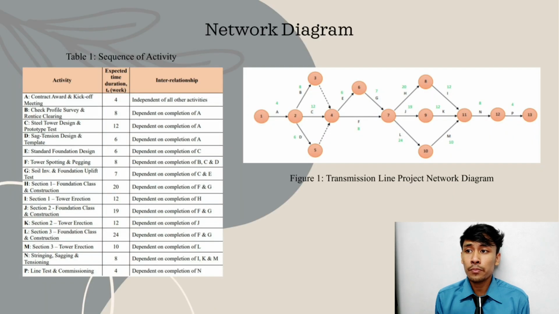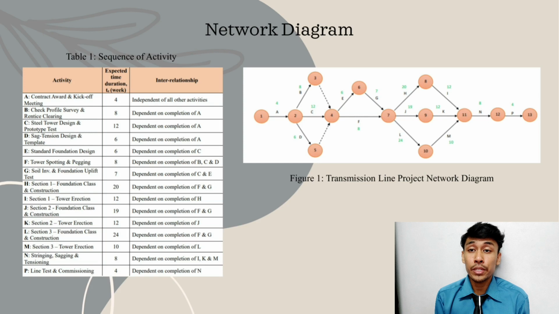I'm going to explain briefly this part based on the network diagram and table of activity shown here. Referring to the table, Activity A, which is contract award and kickoff meeting, will be the starting point for our network diagram. It has a 4-week expected time duration. That means activity A needs to be completed in 4 weeks.